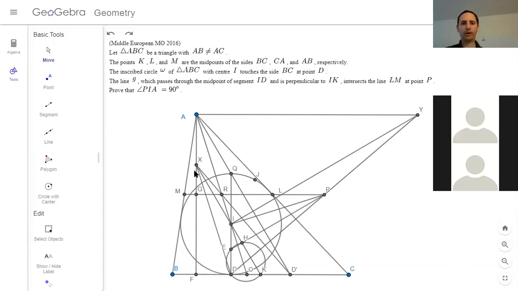Oh, I want point X. Okay, what is O? O is just where AI. I don't even think I need it. Do I even need point O? Maybe not. So yeah, I'm going to show that XDD' is similar to PID.